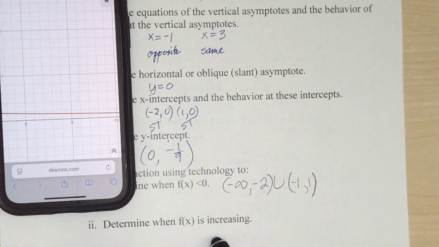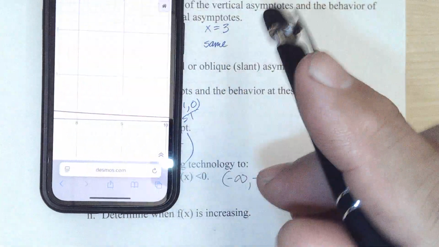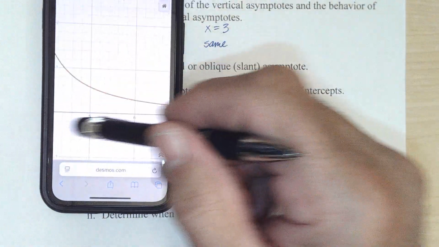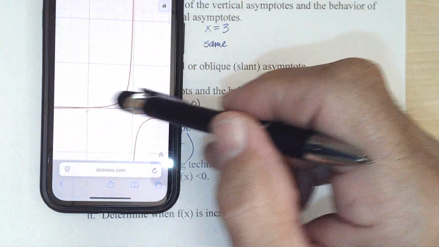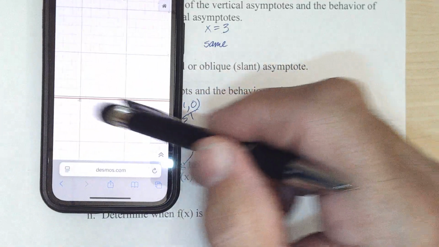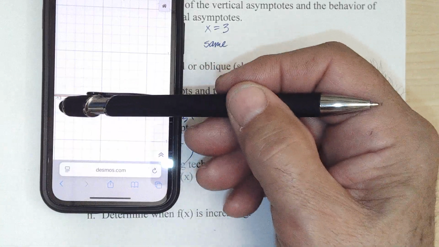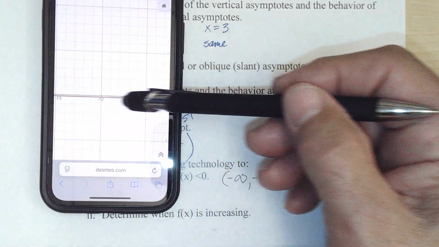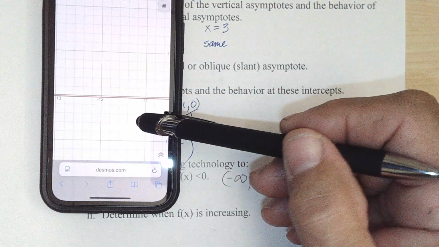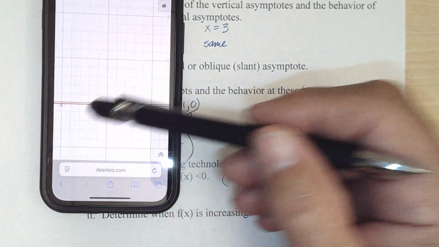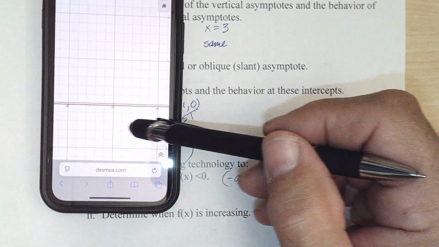Now, when is the function increasing? So let's go back over here. You notice how it's getting closer and closer to the y this way. So if I'm reading left to right, it's going down lower and lower and lower.